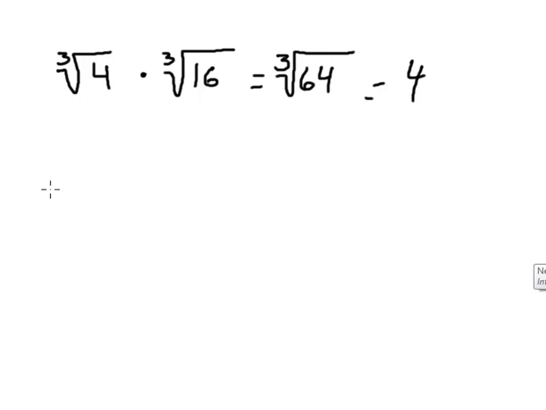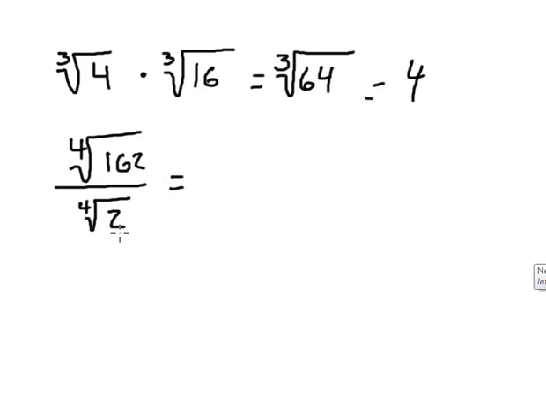Okay, let's look at another one. Let's say I have the fourth root of 162 over the fourth root of 2. Since these are the same, since these are both fourth roots, I can just divide this 162 into 2. The same was true up here.